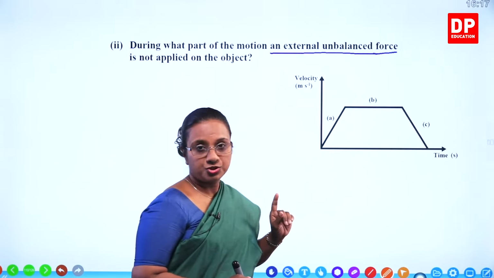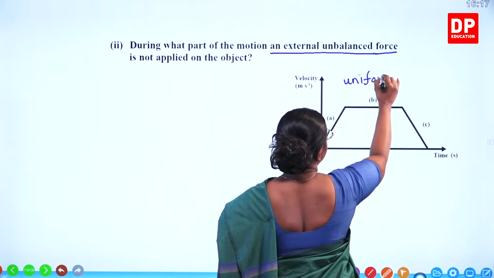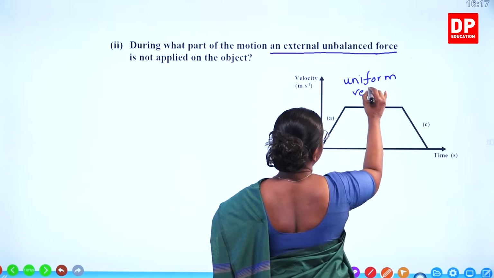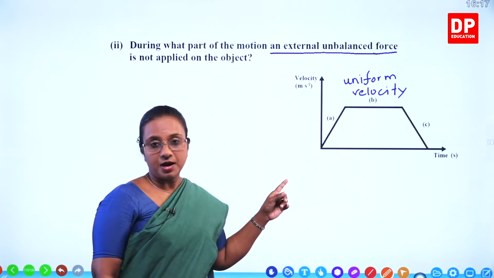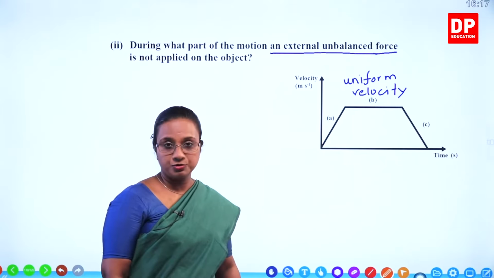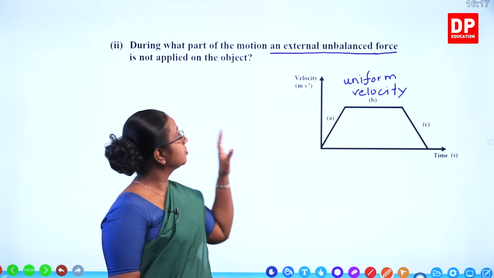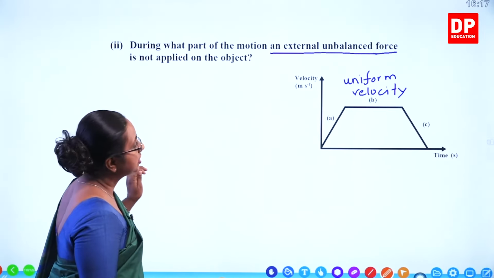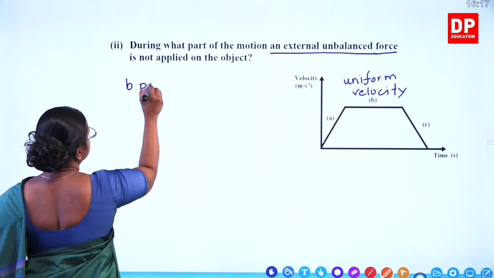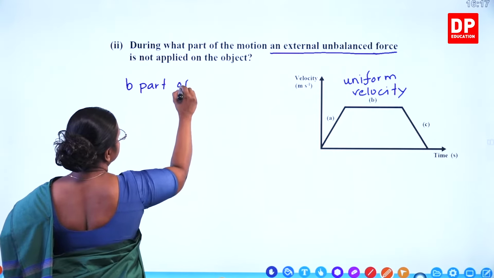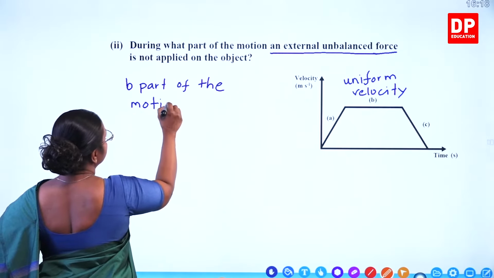B part of the motion is uniform velocity. So, the velocity does not change. So, that means during this part of the motion, that is B part of the motion, there is no external unbalanced force. So, the answer to this question is going to be B part of the motion.